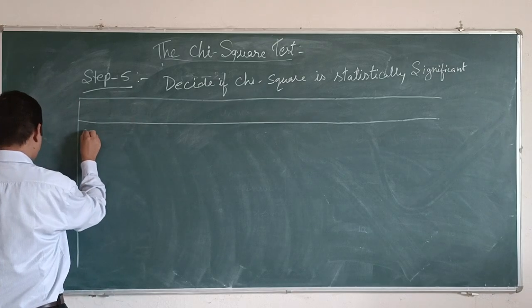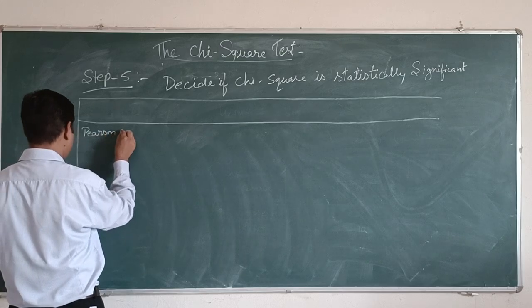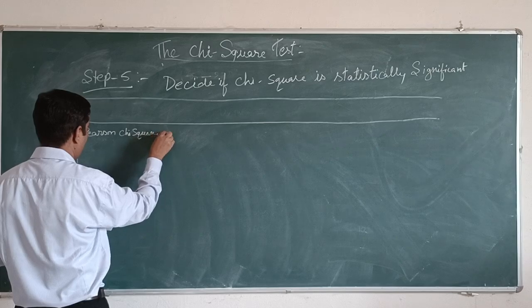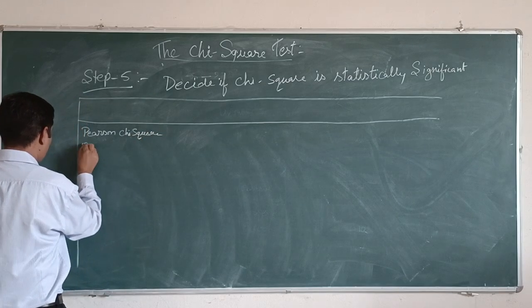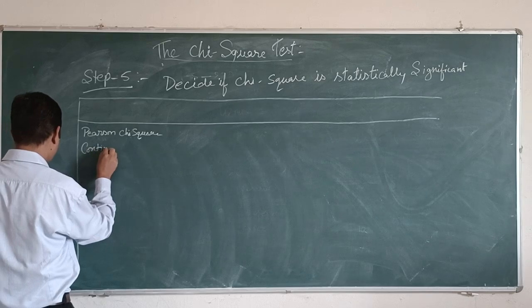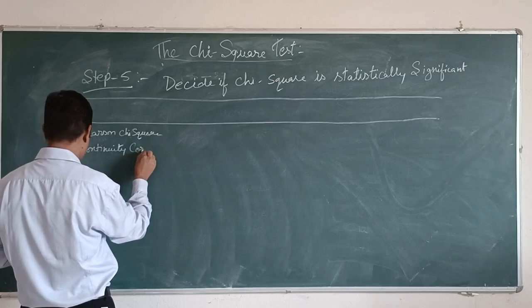First one is called Pearson chi-square. Second one is called continuity correction.